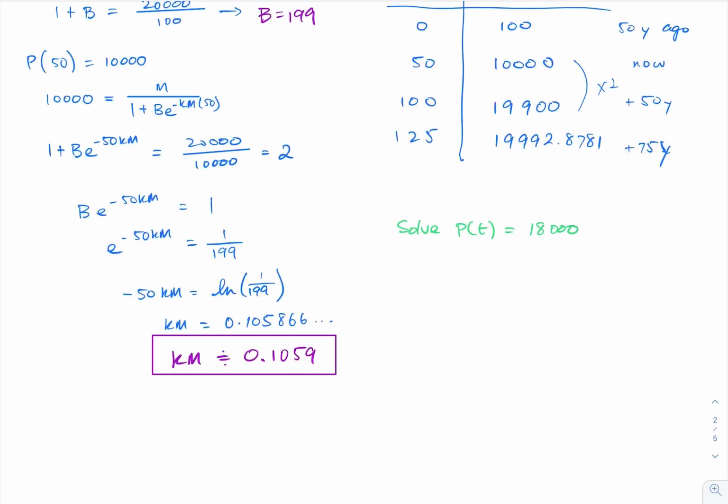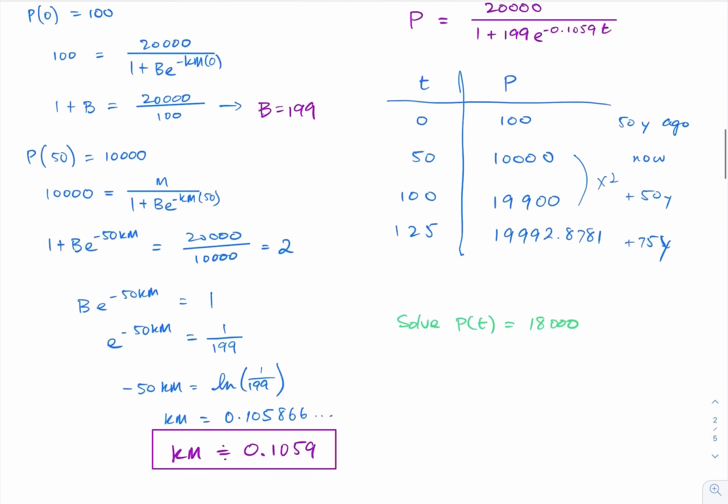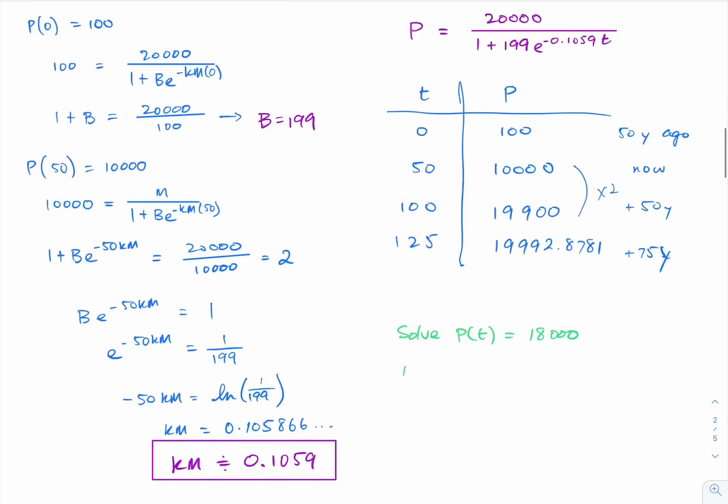Off you go. Solve p of t equals 18,000. So 18,000 equals 20,000 over 1 plus 199 e to the negative 0.1059t.